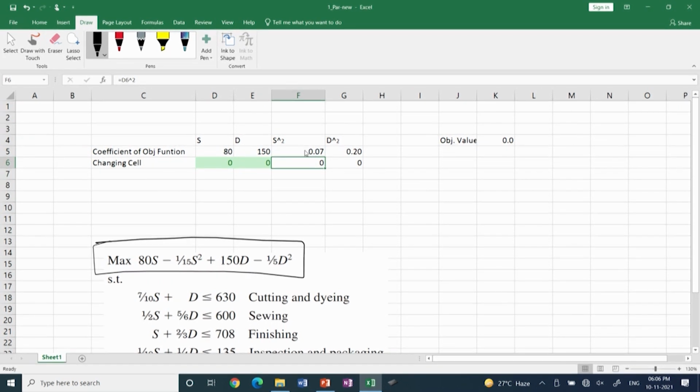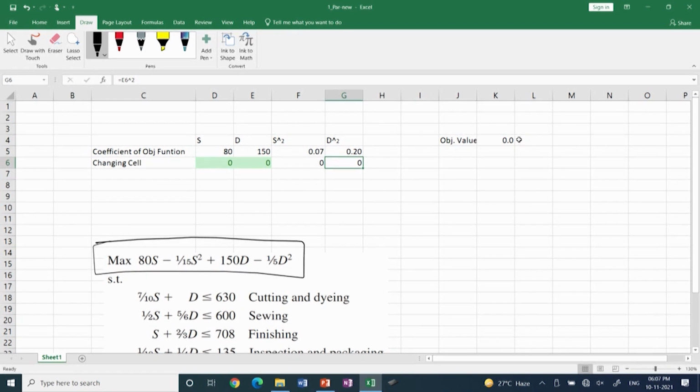Similarly, if I click G5, you see this is 1 upon 5, it is 0.2. Then look at the value of F6. F6 is the square of D6. Similarly, G6 is the D square, that is the square of E6.